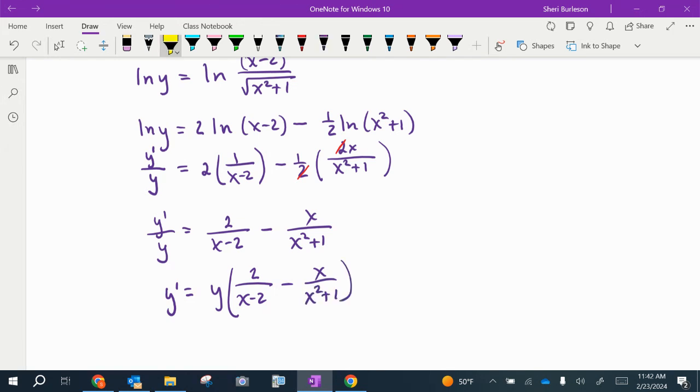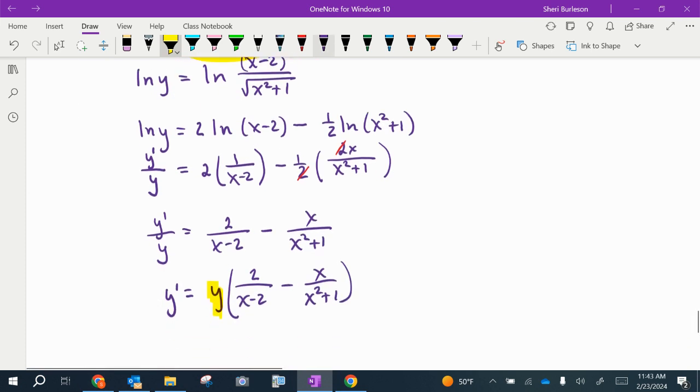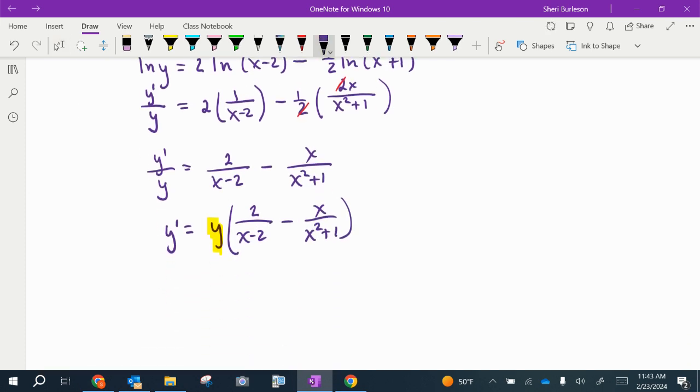And now I don't want it in terms of y, but do I know what y equaled? Yes. So now my last step, I find that y prime is going to equal y, which was x minus 2 quantity squared over the square root of x squared plus 1, times 2 over x minus 2 minus x over x squared plus 1.